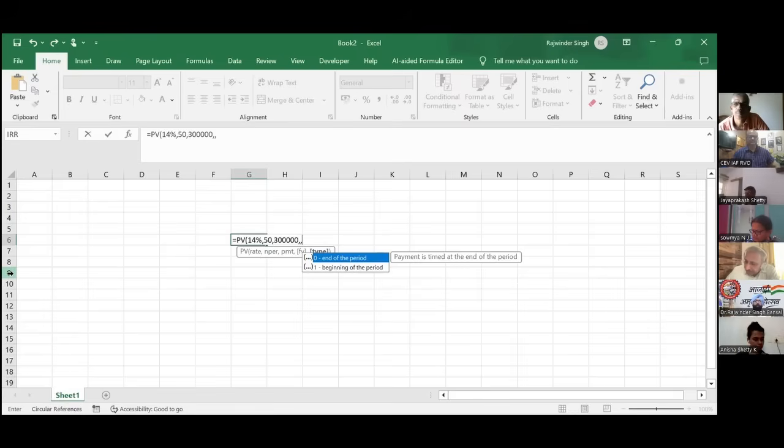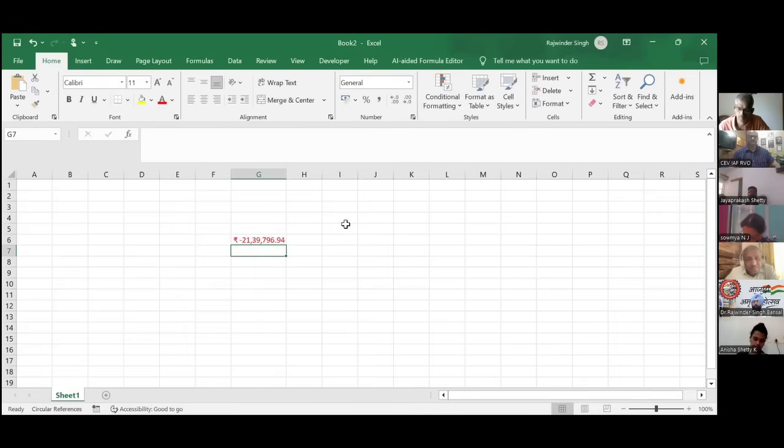And then it is asking you about the payment time type. So we generally use ordinary annuity. For that you have to type 0 in place of type. If it is not ordinary annuity, if it is annuity due, you will type 1. So we generally use ordinary annuity, so type is 0. Close the bracket and press enter.